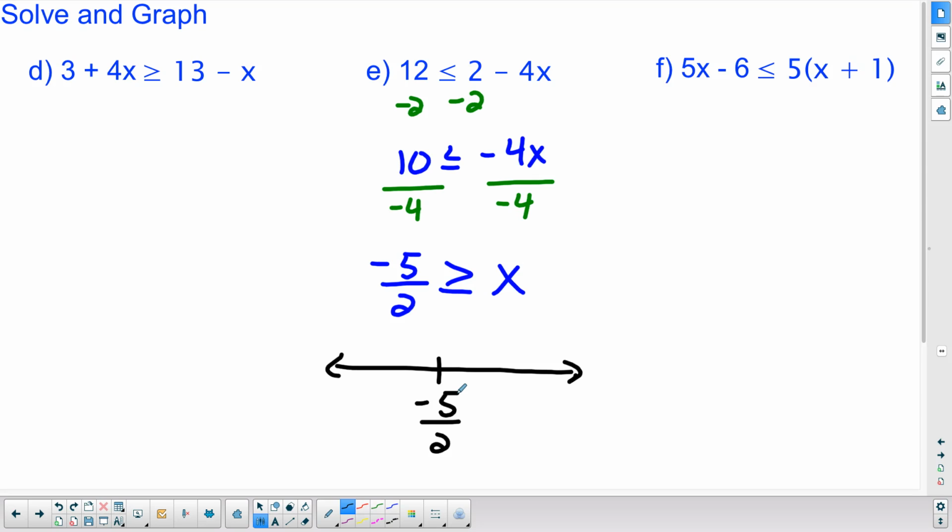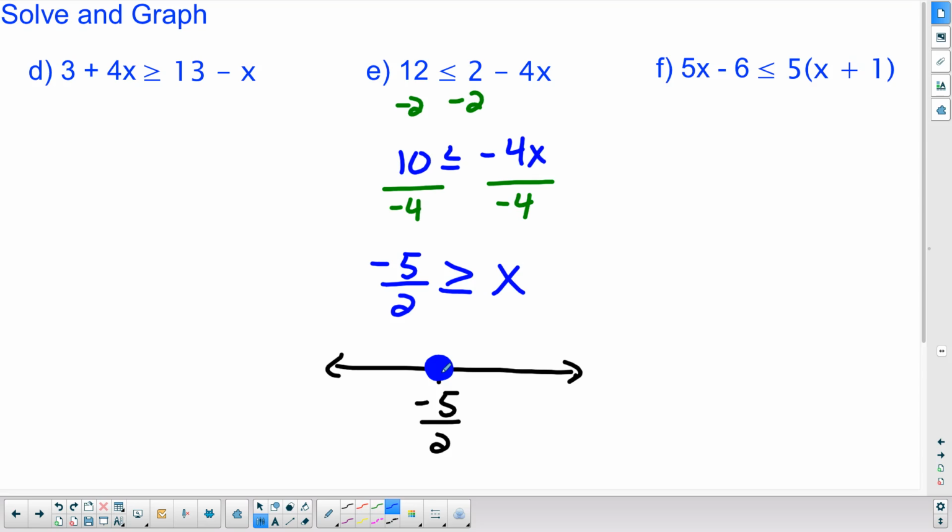Okay? Open or closed dot? Closed dot here. Okay? Logically, what is that saying? It could be equal to -5/2. But I want numbers that are greater or less than, smaller or bigger?